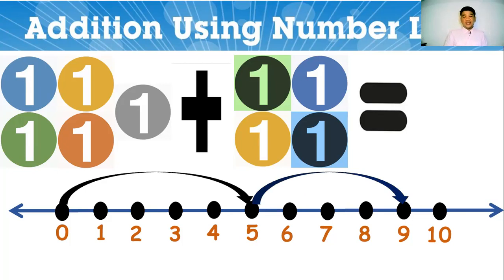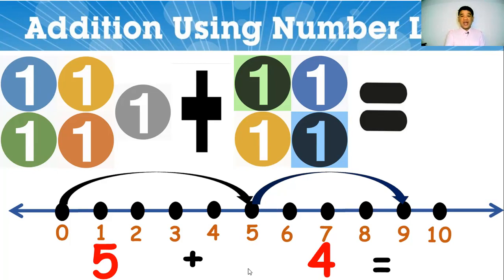So the question is, how many ones are there altogether? Again, how many ones are there altogether? Okay, so given and written as the number, we will write such as like this. 5 plus 4 equals.